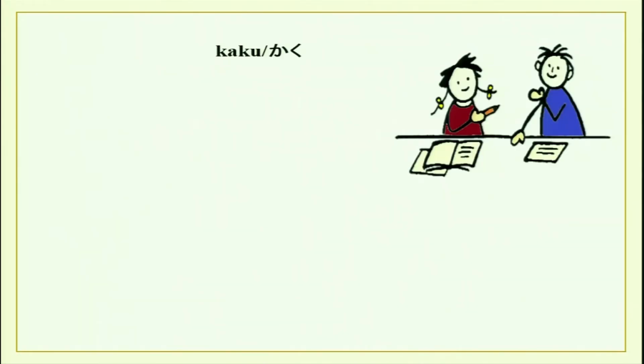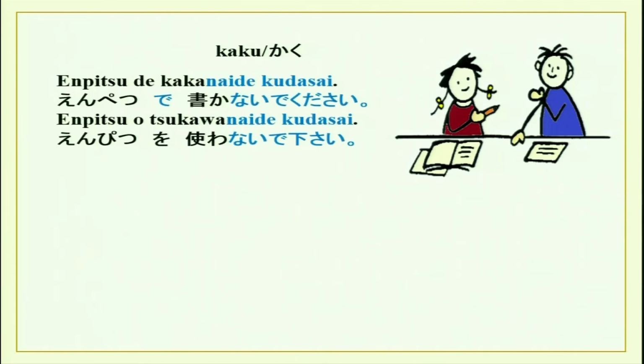There is more for you for kudasai, so that you can learn all these new verbs as well, how to use them and make the te form, the negative te form of the verb, and do conversation. So, enpitsu de kakanai de kudasai. So, you have done this de also with the help of a pencil. Using a pencil, kakanai de kudasai.